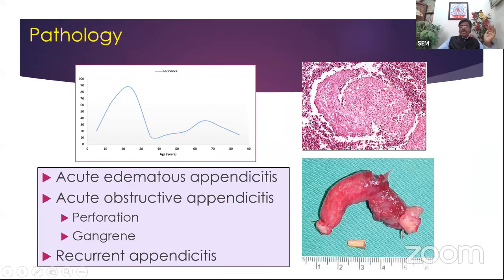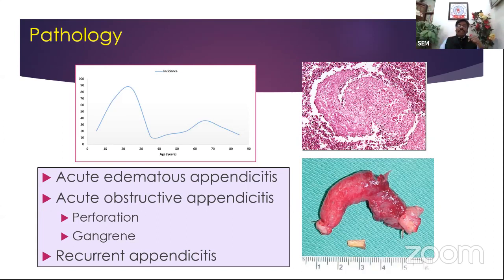Also, it can be a non-obstructive type that is called acute edematous appendicitis, and next is acute obstructive appendicitis. It is similar to pancreatitis. We know there are two types, edematous pancreatitis and necrotizing or hemorrhagic pancreatitis. One is a mild variety, another is a severe variety.